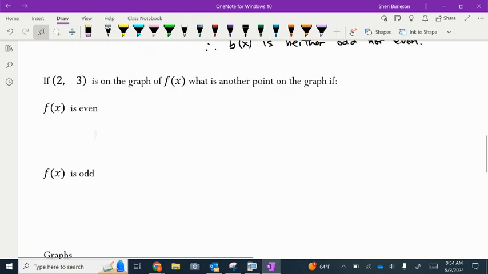Okay. So, if 2, 3 is on the graph of f of x, and I tell you f of x is even, what's another point on the graph? If I tell you f of x is odd, what's another point on the graph? We already kind of did that, so tell me that.